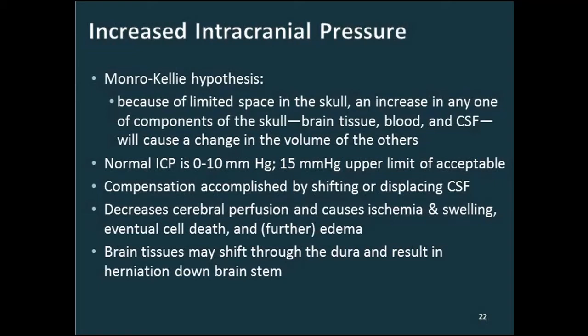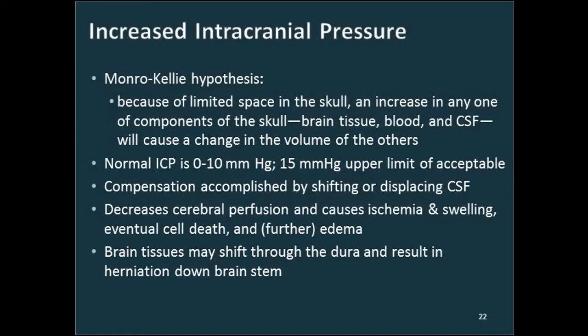So the body maintains this normal amount of pressure by compensating or shifting or displacing one of the three components, okay? So usually it's CSF. So if we have too much pressure inside the head, our ICP, intracranial pressure, gets up above 10 or so, then it triggers this compensatory mechanism to either reduce production of CSF and/or reduce blood flow to the brain, okay?